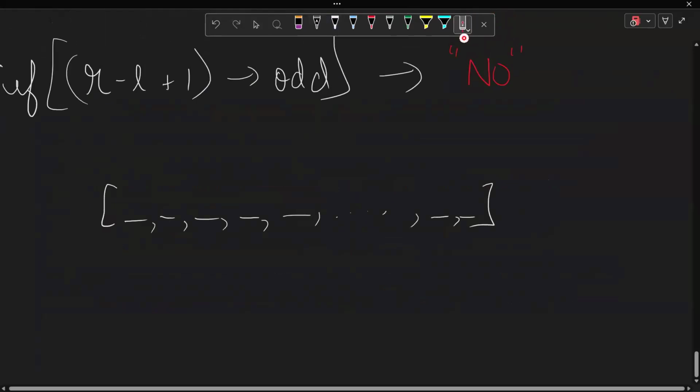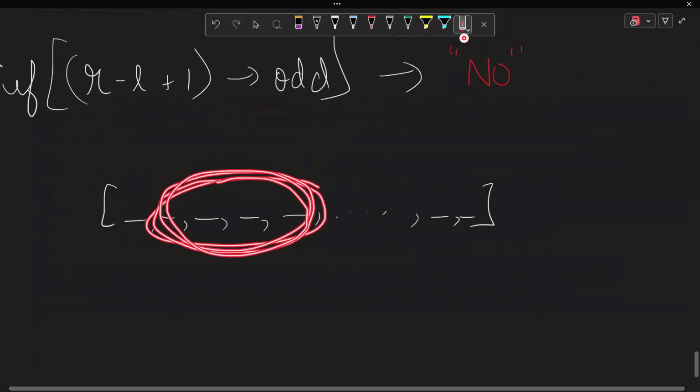If you take any subarray from L to R, and you are told you can do any rearrangement of this and then compute whether any rearrangement can be made a beautiful array or not.